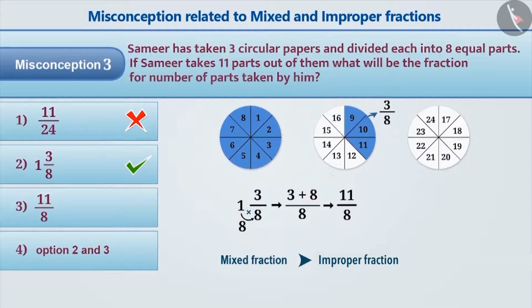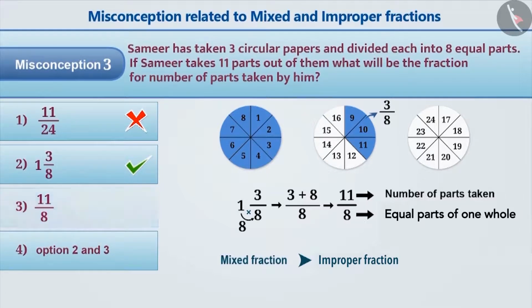From this, you must have understood that to express a fraction, write the number of equal parts into which the whole is divided in the place of the denominator and the number of parts taken in the place of the numerator. It means option 3 is also correct. Since option 2 and option 3 both are correct, option 4 is the correct answer.